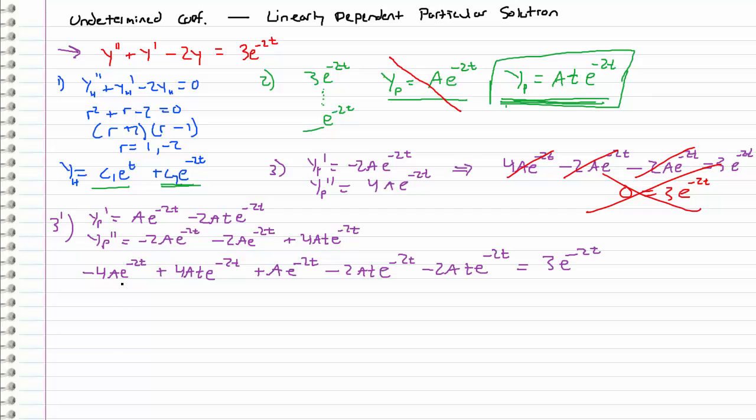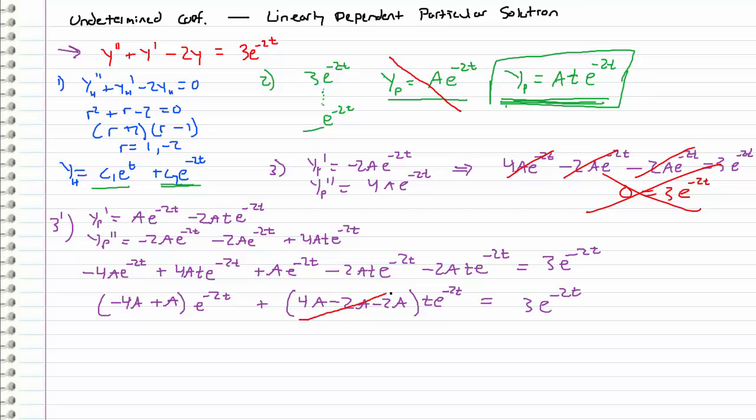So first let's go ahead and get the e to the negative 2t's all together. So we have a minus 4a and then plus a e to the negative 2 times t. And now let's go ahead and get the t e to the negative 2t's together. So we have a 4a minus a 2a and then minus another 2a, and t e to the negative 2 times t. So all this has to equal 3e to the negative 2t.